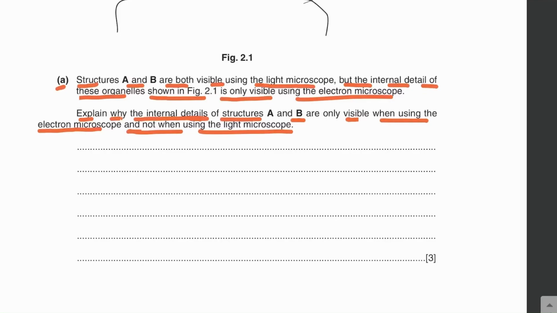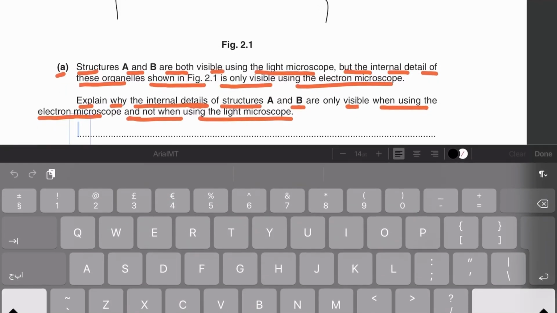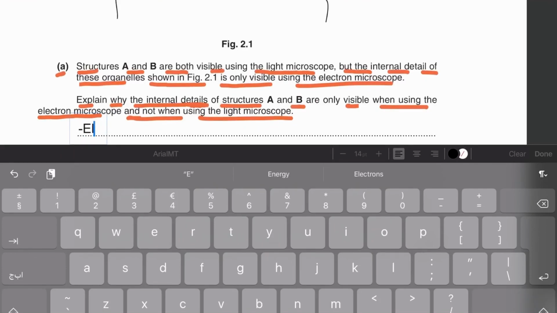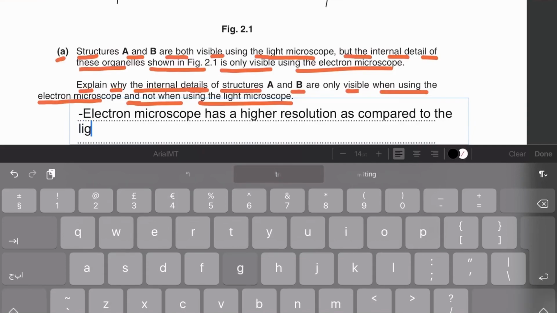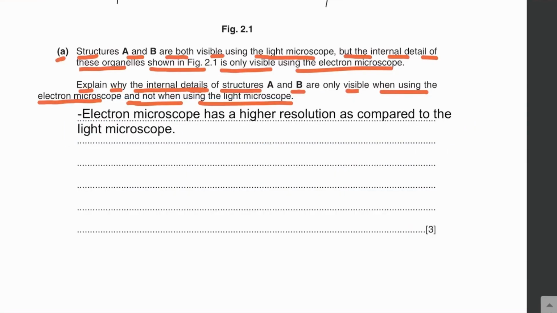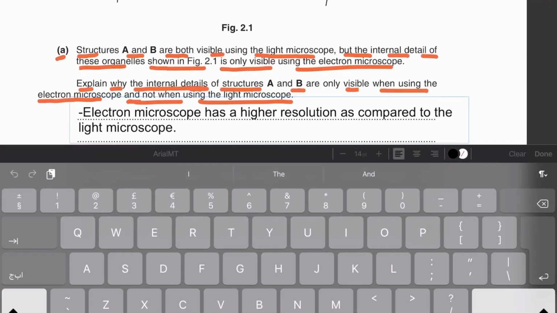So what should be the answer over here? We need to mention that the electron microscope has a higher resolution as compared to the light microscope. What else do we need to write? Since this question is of 3 marks, we also need to write some other points which support our statement about resolution.